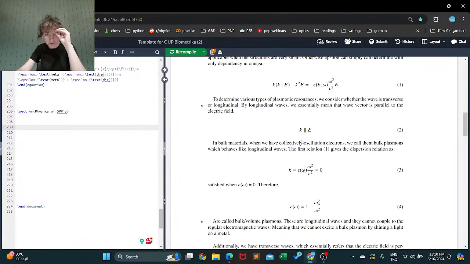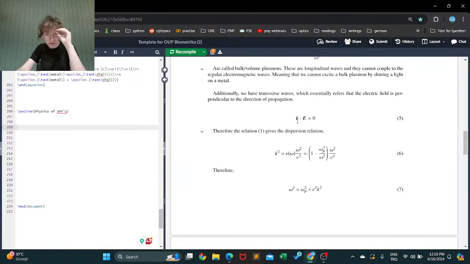This relation is the longitudinal waves, and this is the transverse waves. This transverse wave right here refers to the relative dielectric permittivity, which is the square root, and it gives this relation.